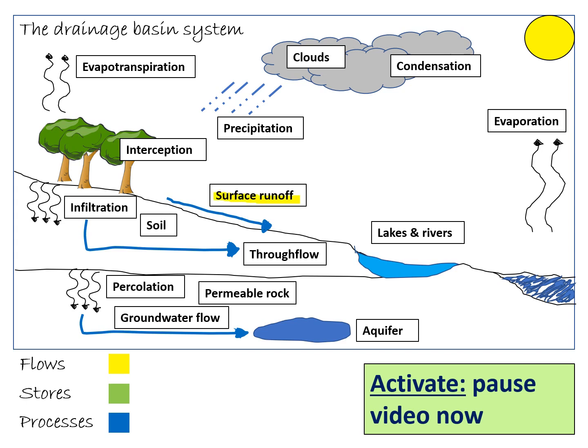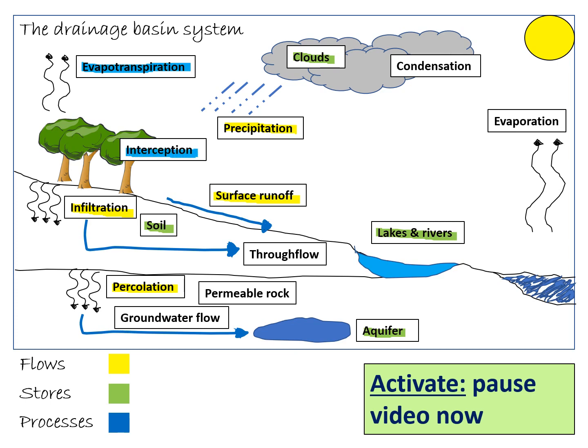Here is a flow. Here is another flow. Here is another flow. There's another one. And the stores: lakes and rivers, clouds, aquifer, soil is a store of water as well. Then the processes where it's changing: evapotranspiration.